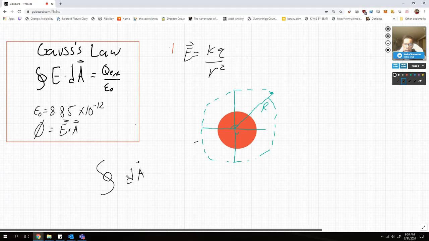If I'm talking about the area of a circle, I can also write this as a double integral dx dy, which means I have boundaries in the x direction, so I sweep in x and then I sweep in y. Instead of writing a double integral, they just tell you to integrate over the entire area. So this whole thing is just telling you to integrate over your entire shape.